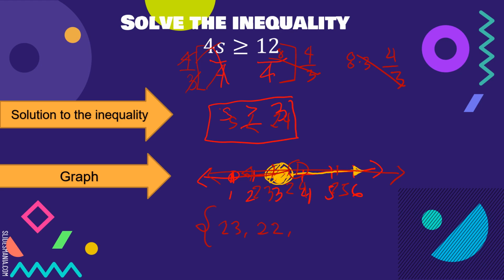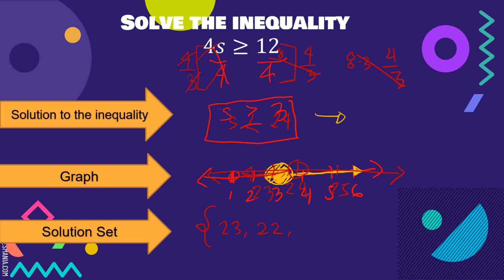We are going to sketch the graph to our right because our inequality points to the right. And then we are going to write our solution set. Our solution set includes 3. And then we'll have here 4, 5, 6, and then close curly brackets, or this is simply the set of all s such that s is greater than or equal to positive 3, closed curly braces.